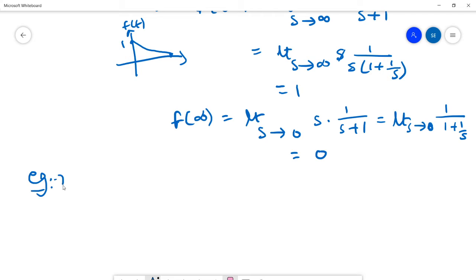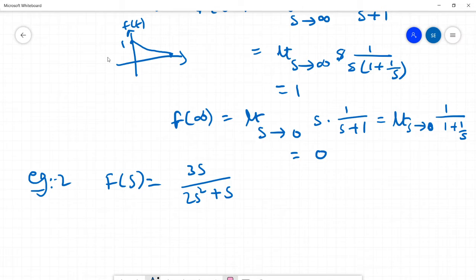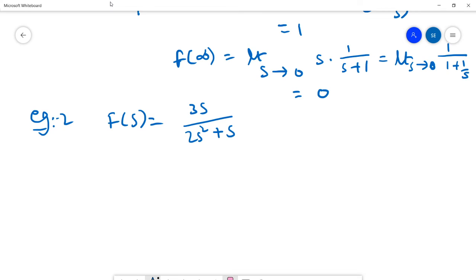Example 2. Find the initial value for F of s is equal to 3s by 2s square plus s. So this is the function for initial value theorem.